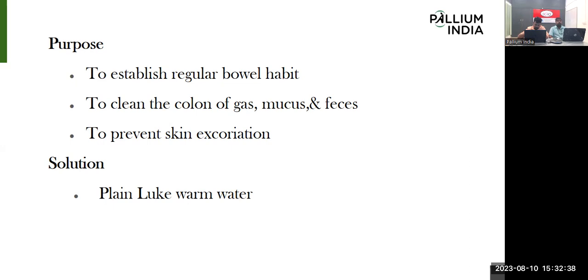Here, as I already told, this colostomy irrigation can be done only for the sigmoid colostomy. Why? Because in the area from the ascending to the transverse colon, the fecal matter consistency will be liquid or mushy, and from there the colon needs to absorb the elements, minerals, and the water content.